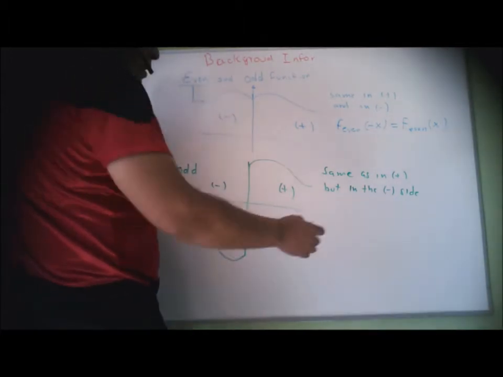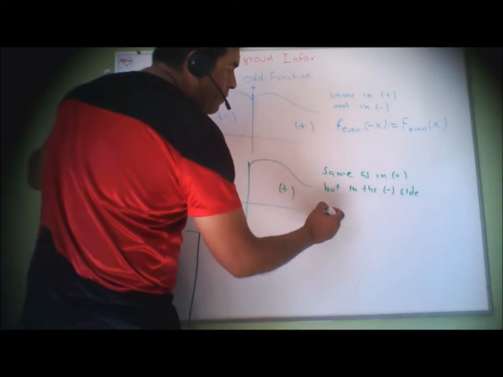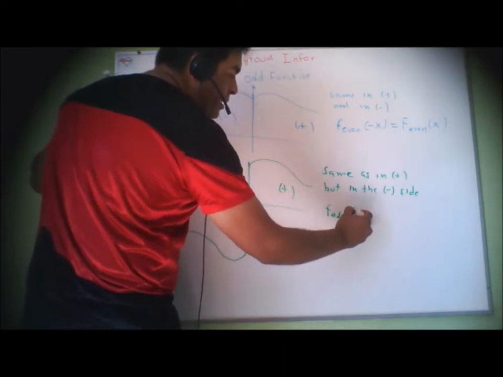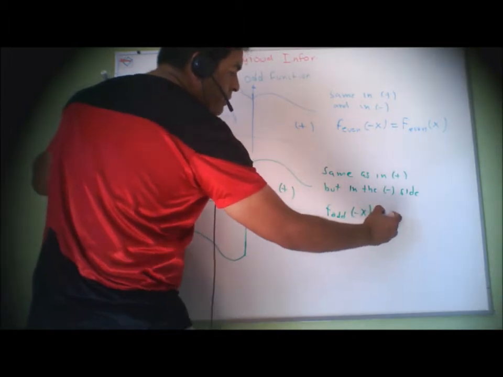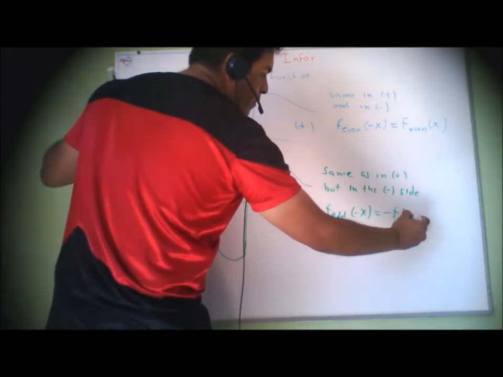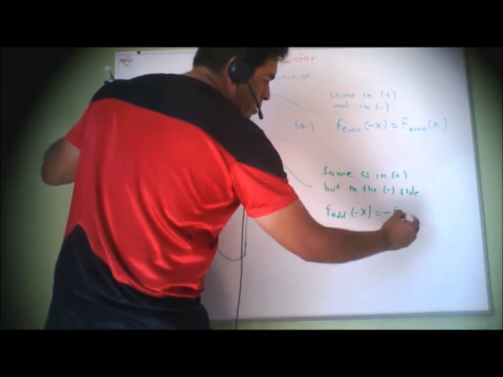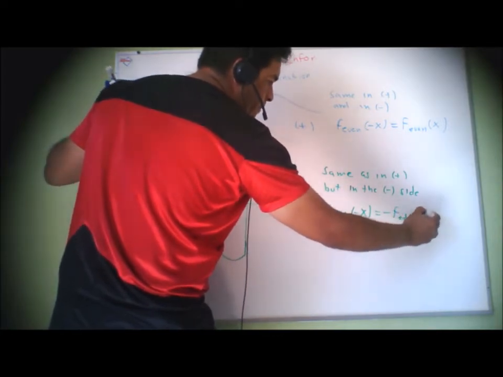Now, the property of an even and odd function, mathematically, is that for an odd function the negative side is equal to minus the positive side. Okay.